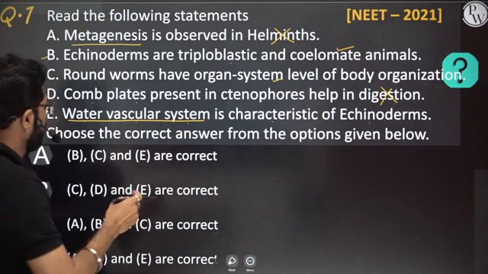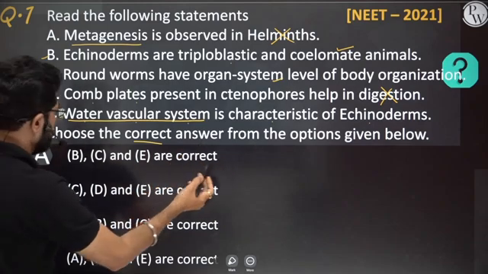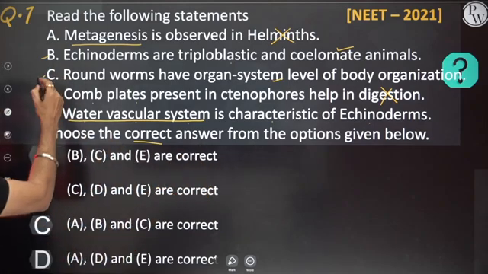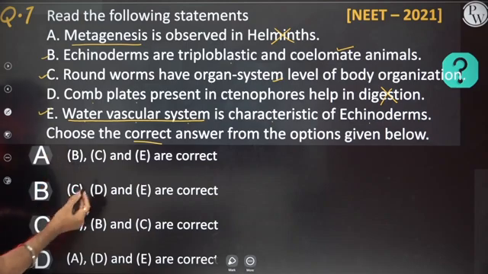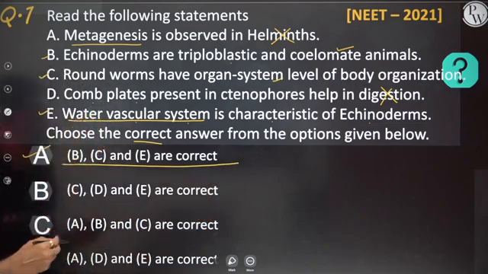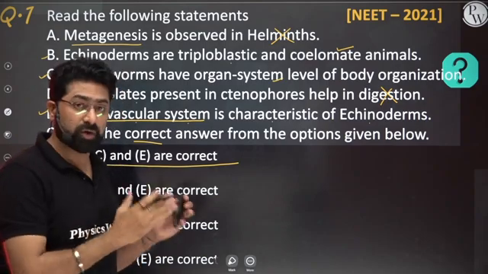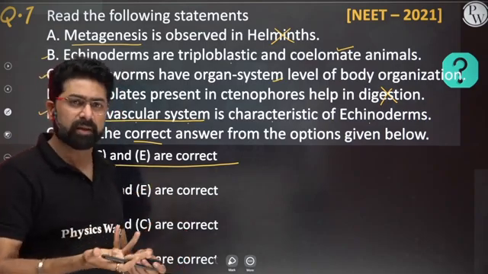Is it clear? So choose the correct answer from the options given below. You have to find B, C and E, so the first option is correct. It's very easy for you. NEET 2021. Whatever you studied, you can do these questions very easily. That means you are done.